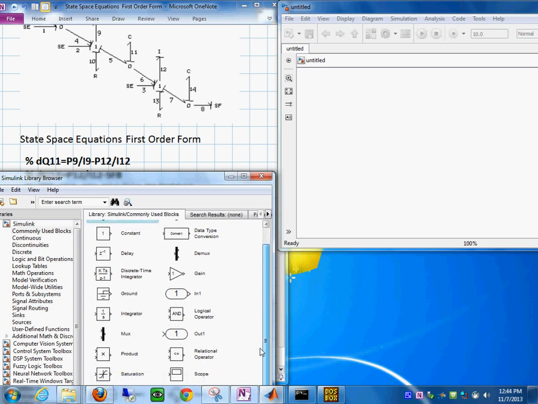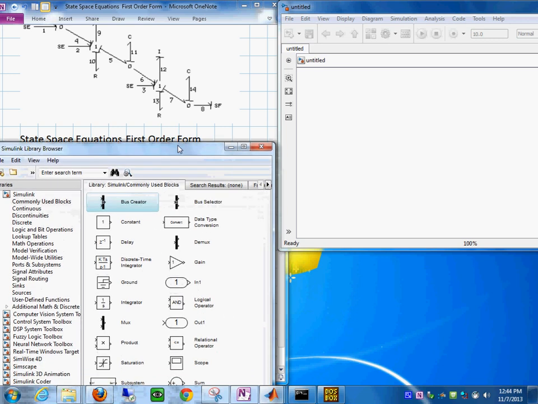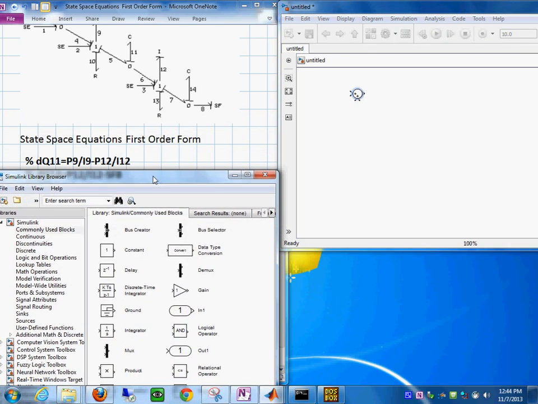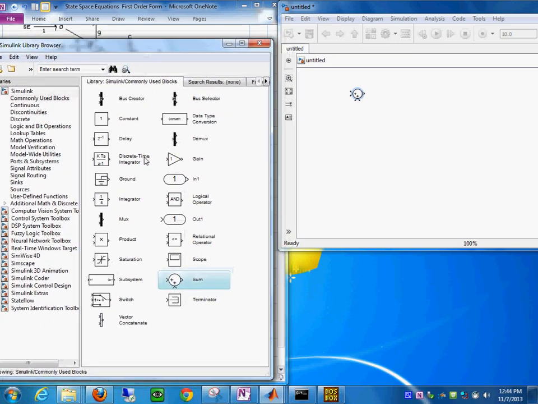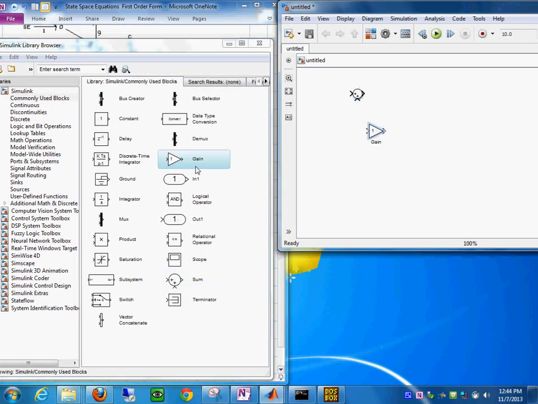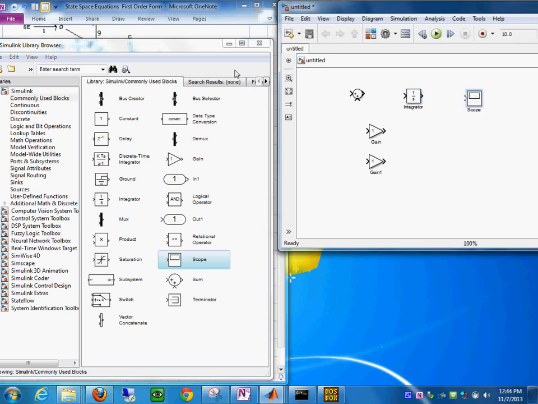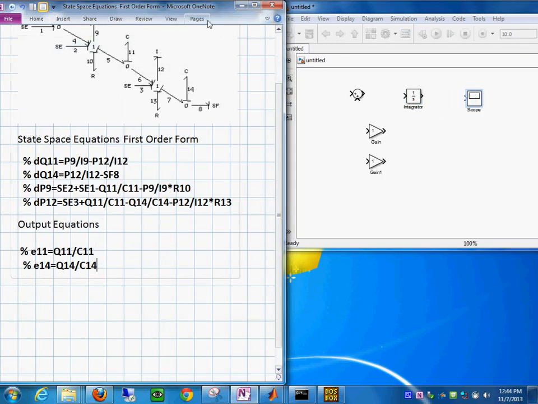And where is the summation point? Right here. And also, because it has two terms of these gains, I need two of those, like that. I'm also going to need one integrator here, and also one scope here. See? So we have this.